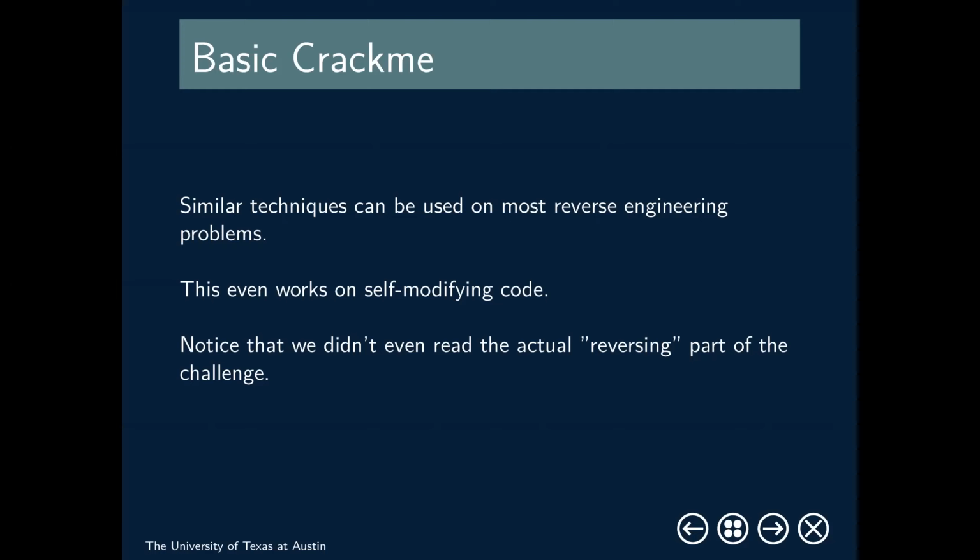This also works on self-modifying code. So it's fairly common in reverse engineering tasks to patch your own binary's code at runtime. So for example, you would have a function that has been encoded in bytes in your assembly file, and as soon as the program starts, it decodes that function into the proper bytes, and then calls that function.